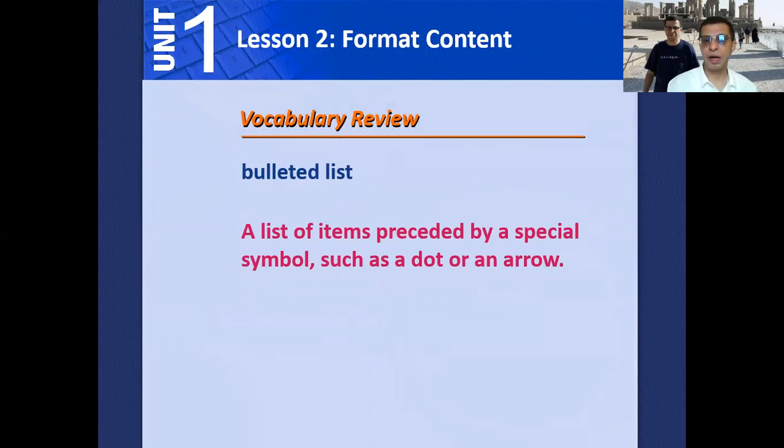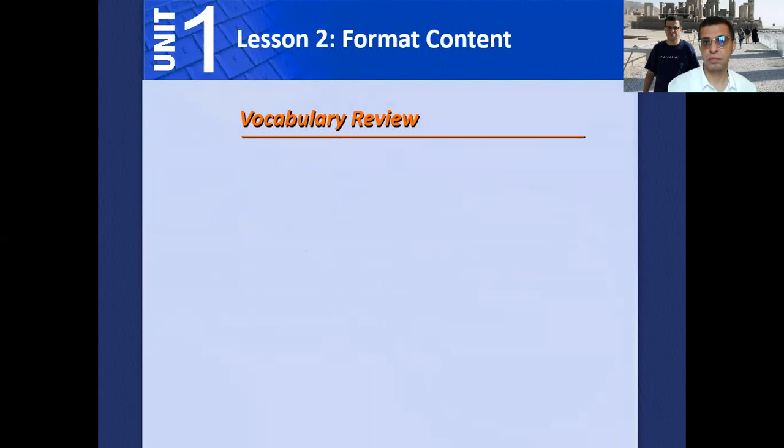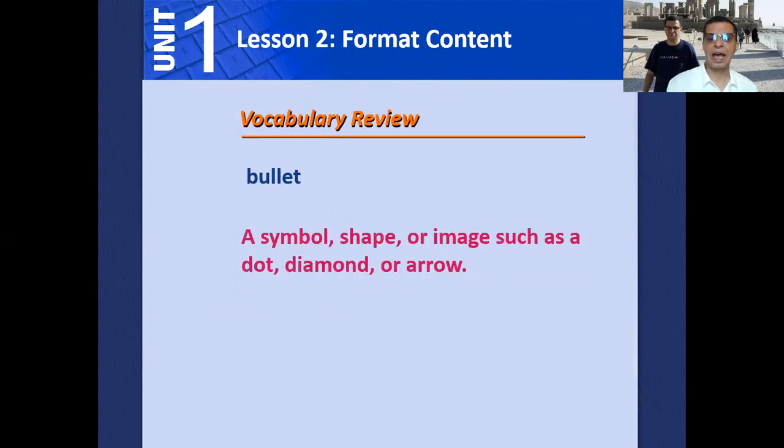A list of items preceded by a special symbol, such as a dot, diamond, or an arrow. What's a bullet? Not a shooting bullet. A symbol, shape, or image such as a dot, diamond, or arrow.